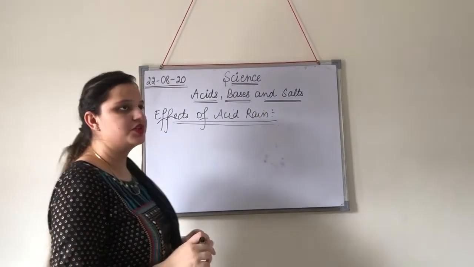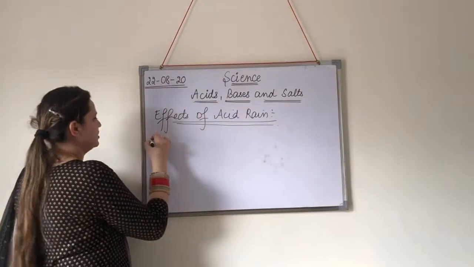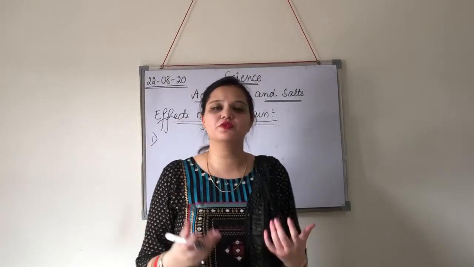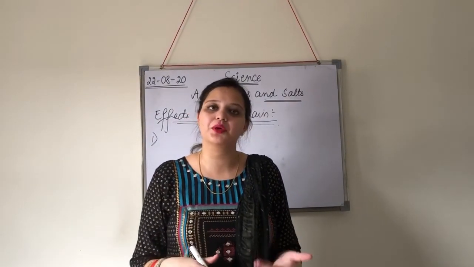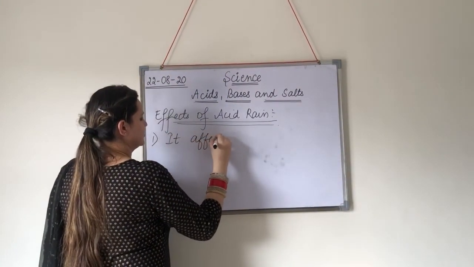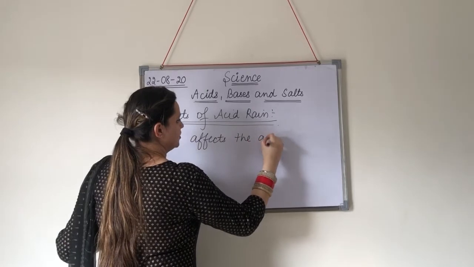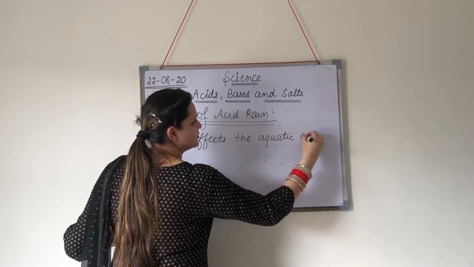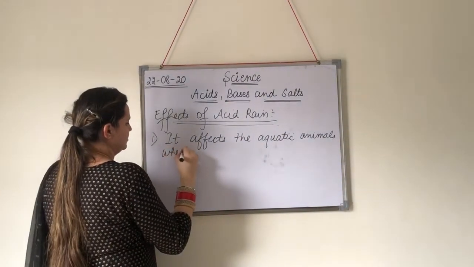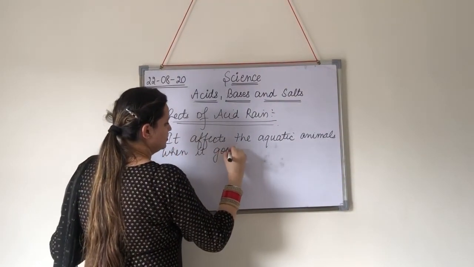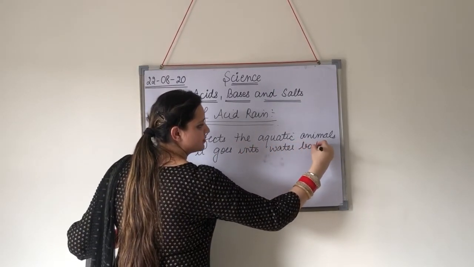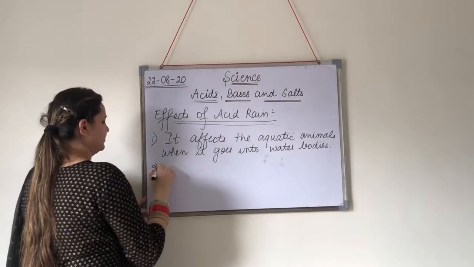Right, so firstly, when the rain moves into the water bodies, it is going to affect the aquatic animals, right, when it goes into water bodies like lakes, ponds and other water bodies.